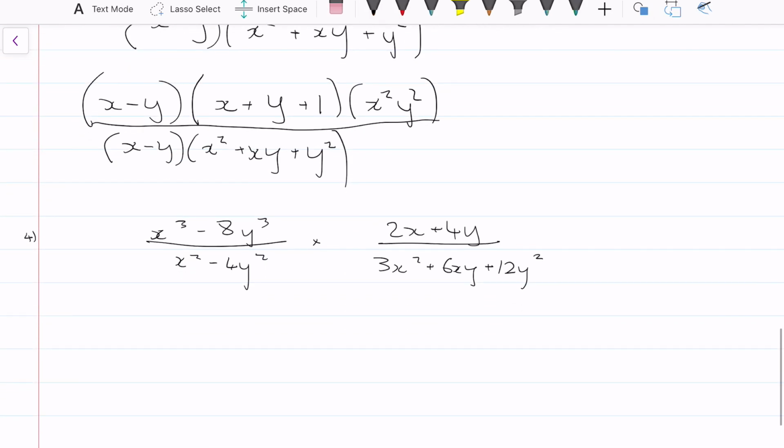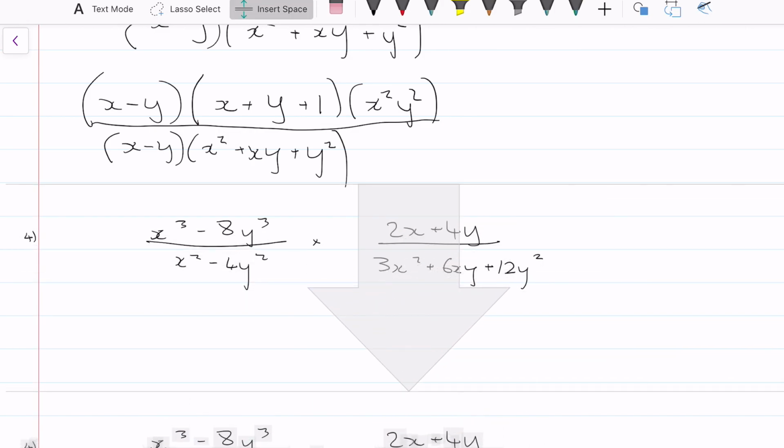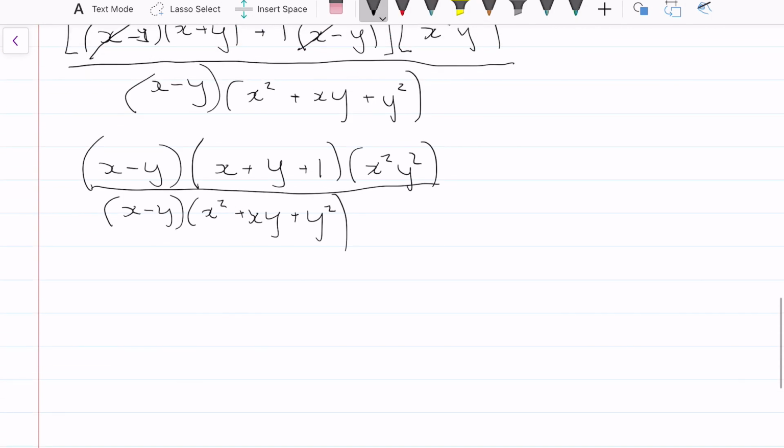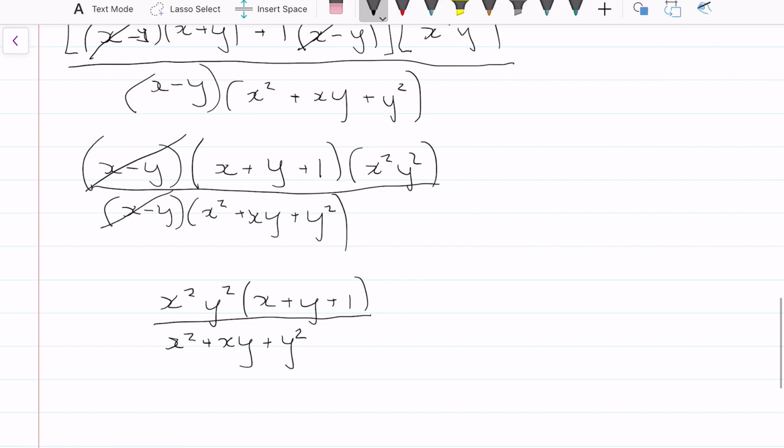Okay, it's not finished yet, sorry guys. Okay, so now we just cancel these terms, and this is our final answer. x squared y squared times x plus y plus 1 all over x squared plus xy plus y squared.